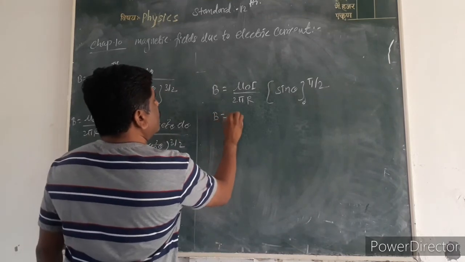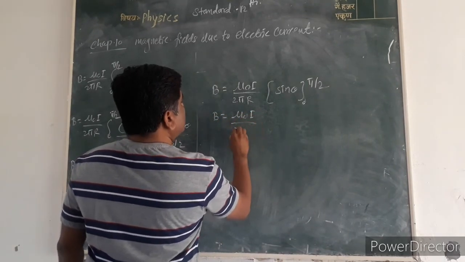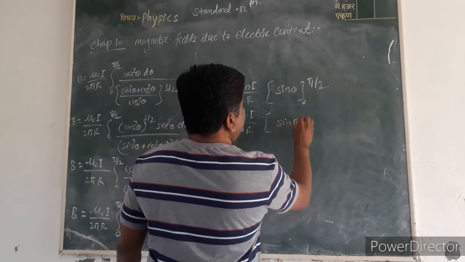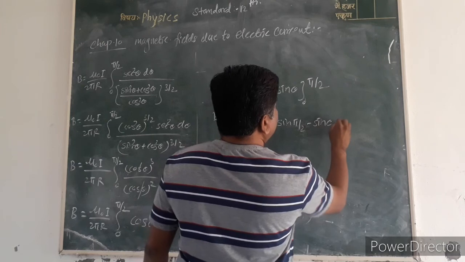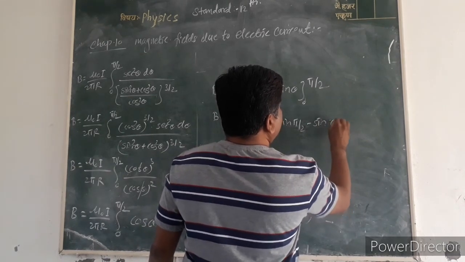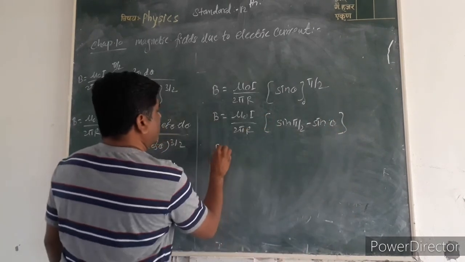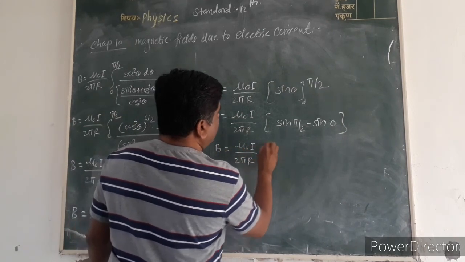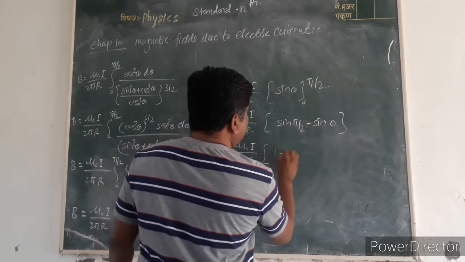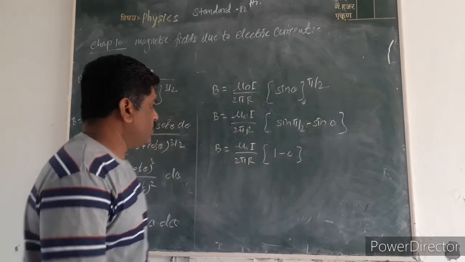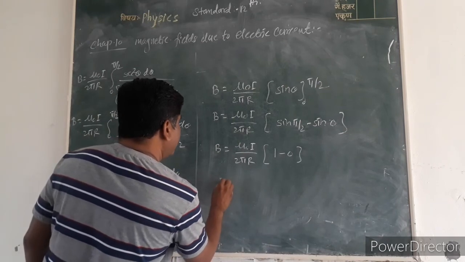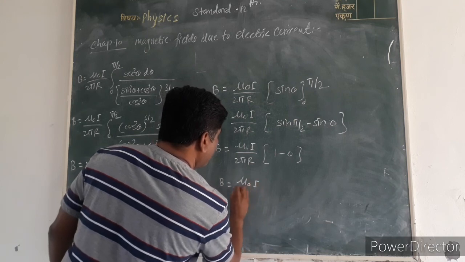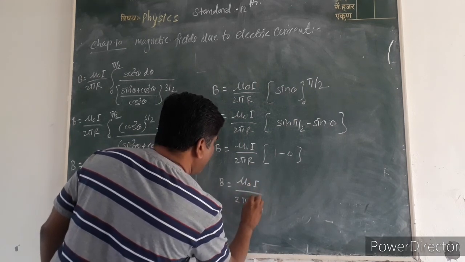B is equal to mu 0 I upon 2 pi r, sin pi by 2 minus sin 0. B is equal to mu 0 I upon 2 pi r, sin pi by 2 is 1 minus sin 0 is 0, so we get finally B is equal to mu 0 I divided by 2 pi r.